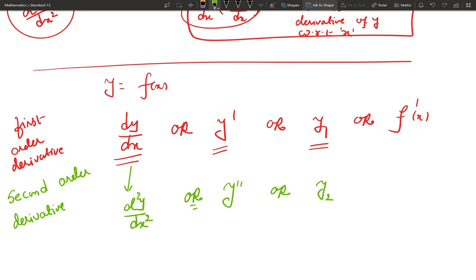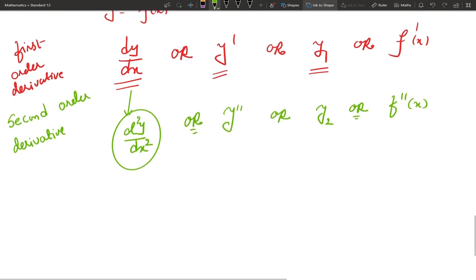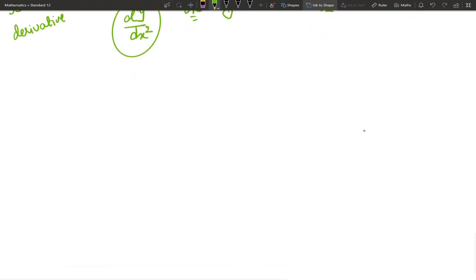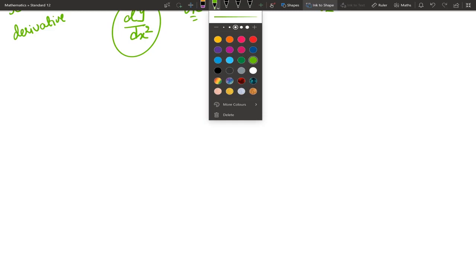So first obtain y1, again you differentiate with respect to x, you will get y2, or you can denote it by f double dash x. So this is the second order derivative of y with respect to x. So first you obtain dy by dx, again you differentiate, so you will get the second order derivative. Now an important thing is, you remember this very important result.